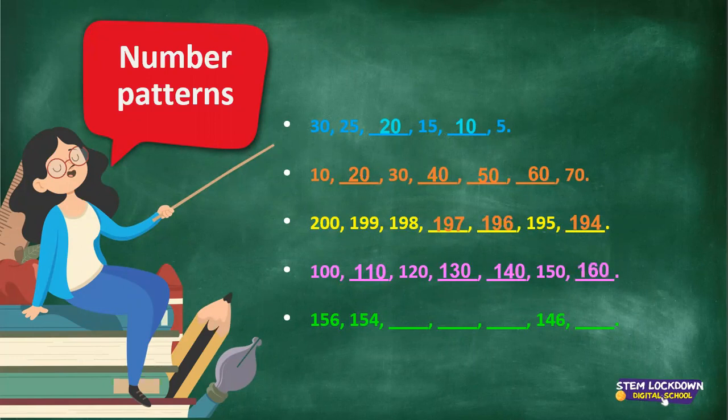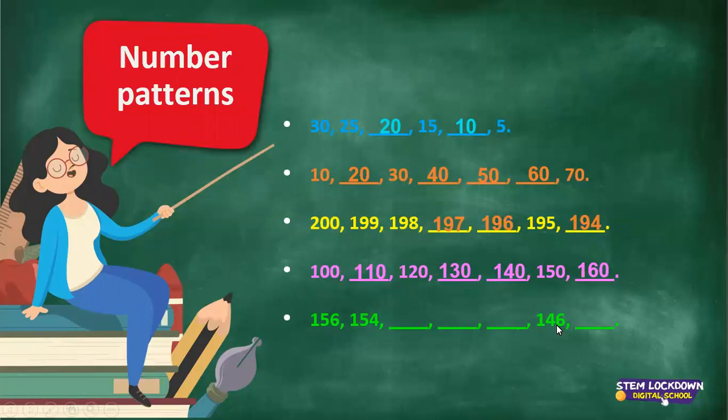Our last pattern, starting at 156. Look, 156. Then we go down. It's getting less. Can you see that? The next one is 154. Then it's, and there is 146.